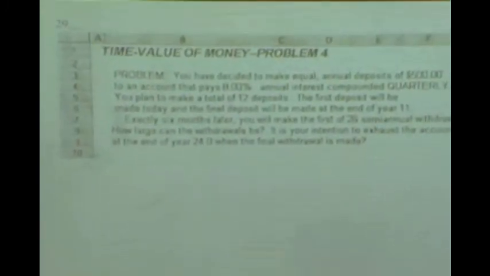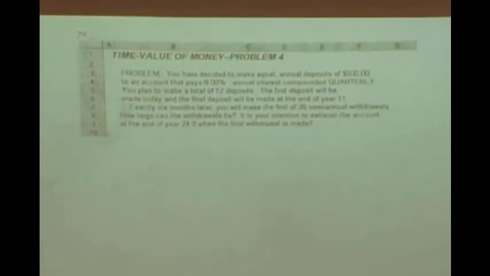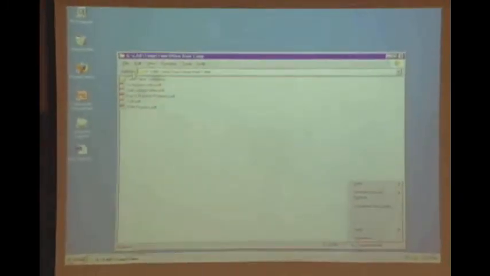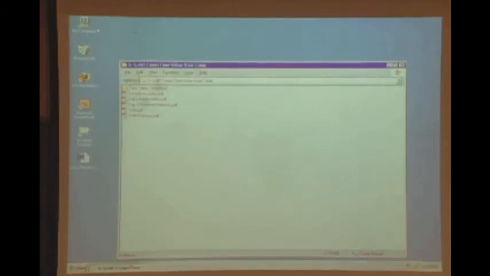This one is taken from your time value spreadsheet. You have several, and they can be found in the GLab temps. If I could get this to work.